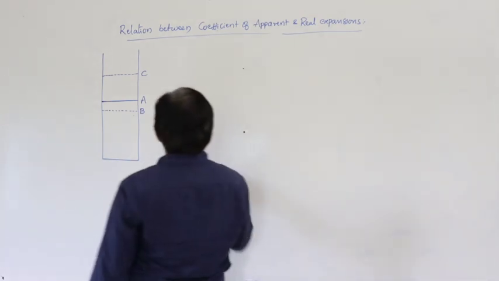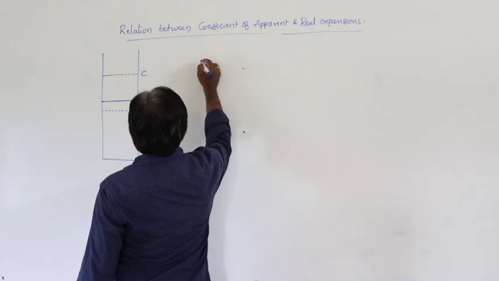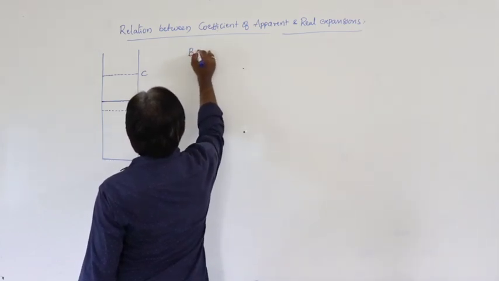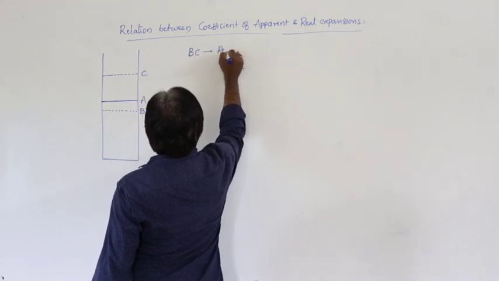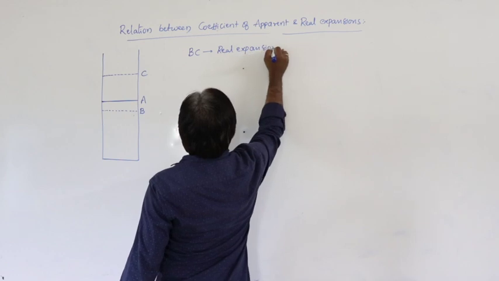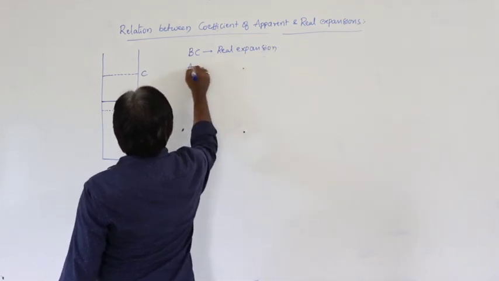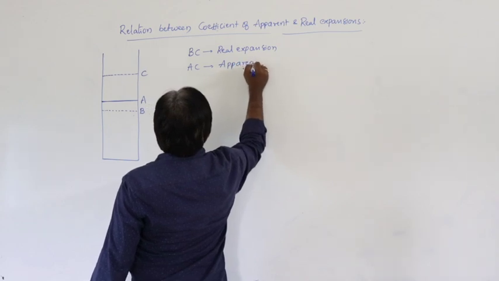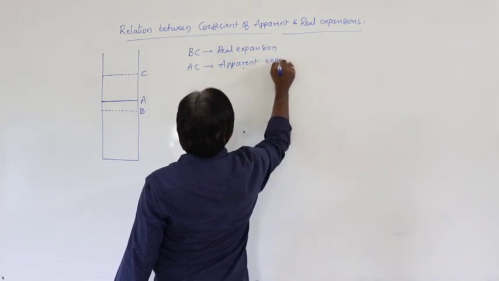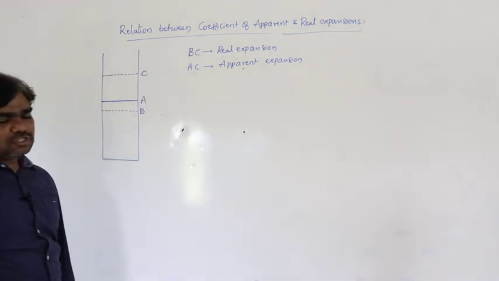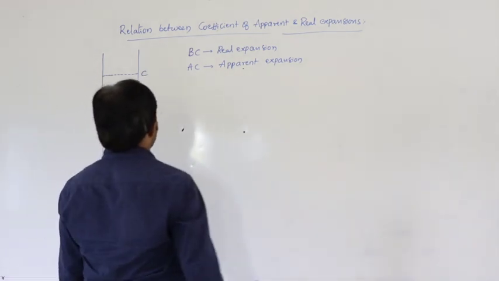Now from this we can write, BC is the real expansion and AC is the apparent expansion.